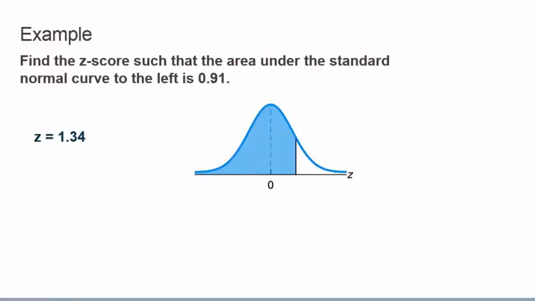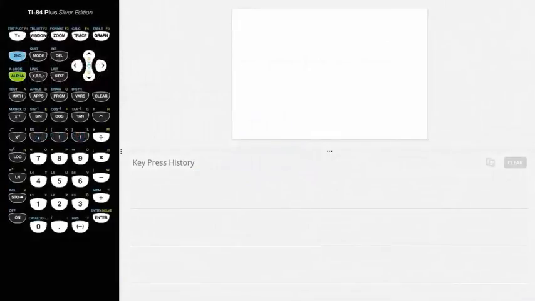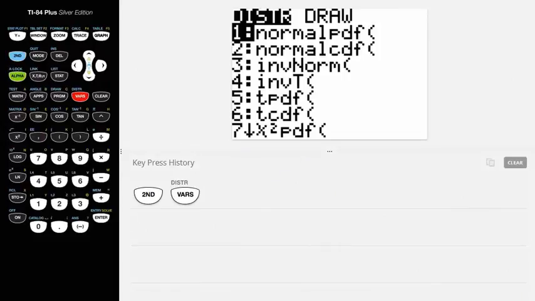Another option is to use our calculator. It's rather difficult to go through all of those areas and then try to guess which area it's closest to. Our calculator will give us an accurate answer. We want our distribution menu again, second, DISTR. This time we want number 3, which is inverse norm.